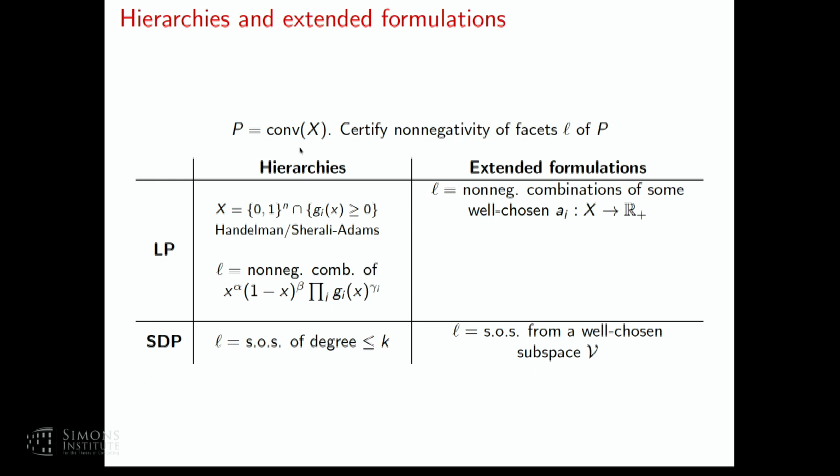Each row is a facet evaluated at x. A non-negative factorization tells you that each row is a non-negative combination of the rows of the second matrix. If you interpret the rows of the second matrix as these functions, these are the certificates of non-negativity of your facets.